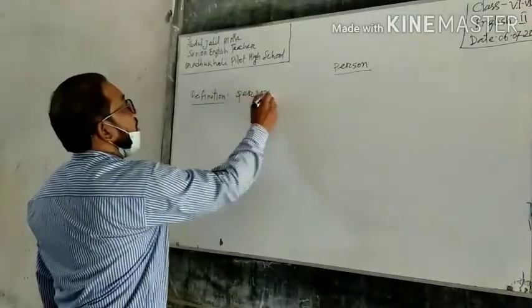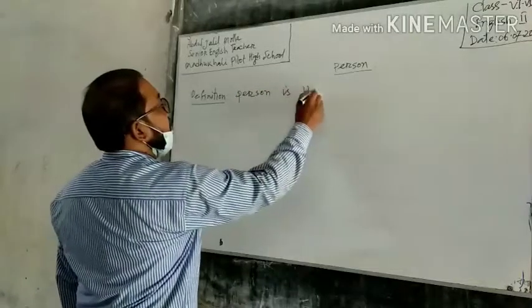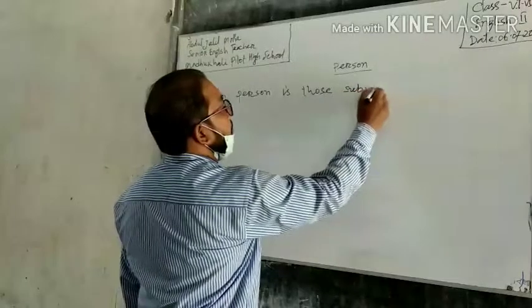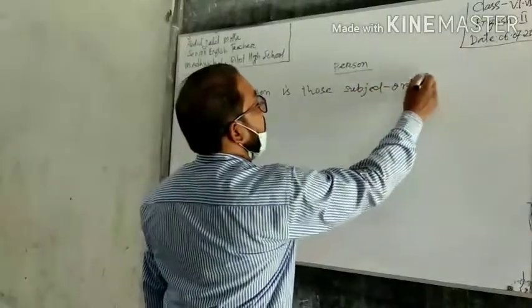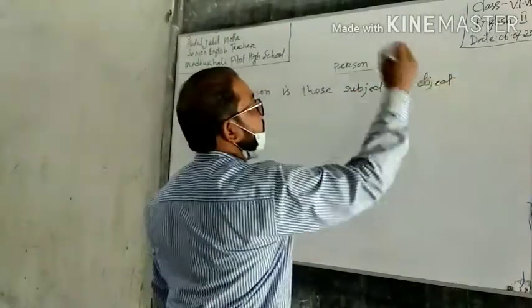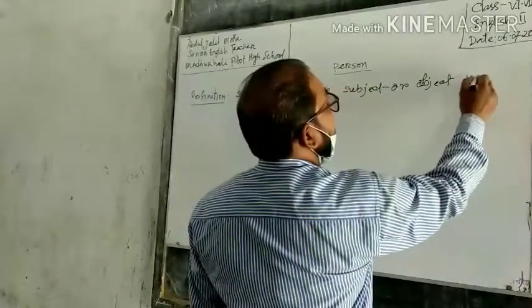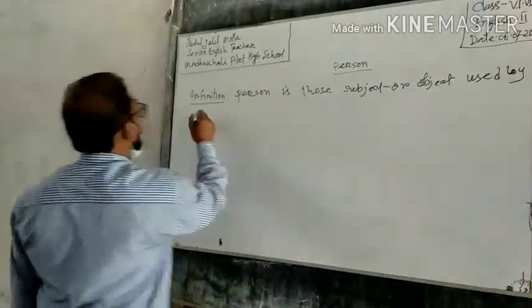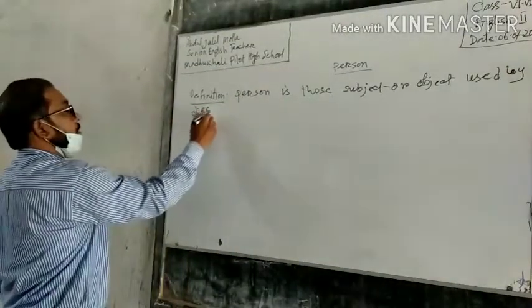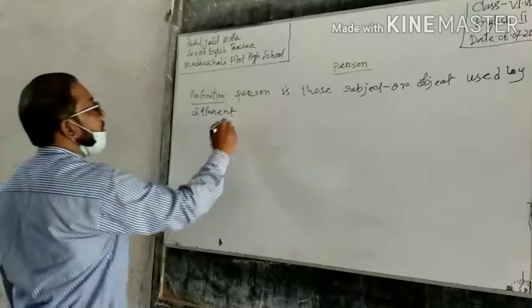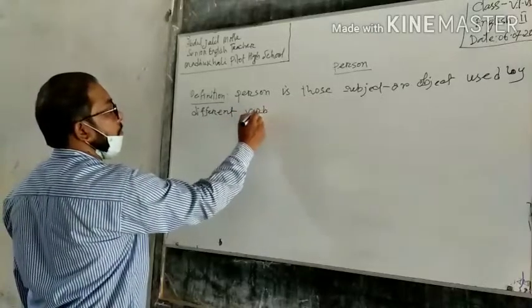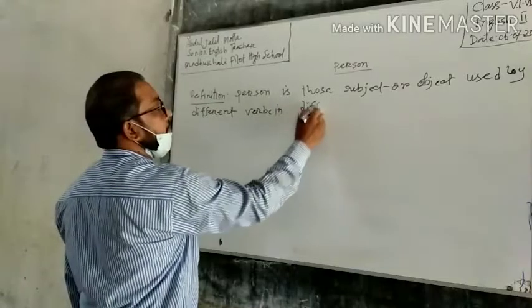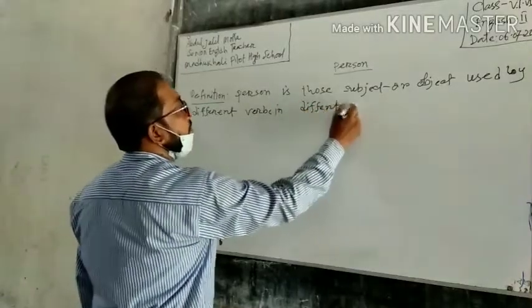Person is those subjects or objects used by different verbs in different sentences.